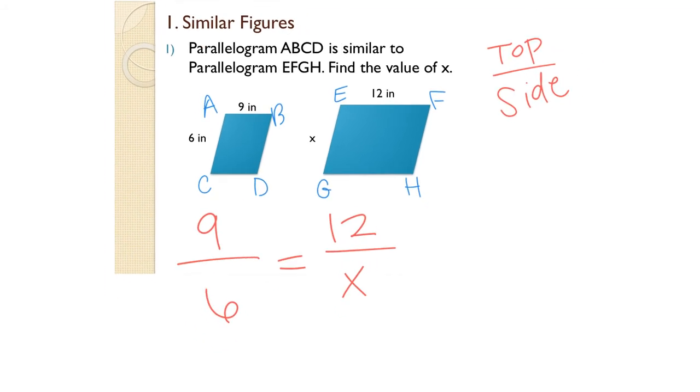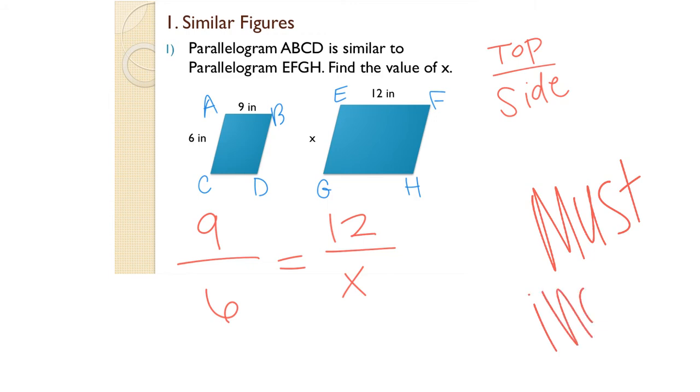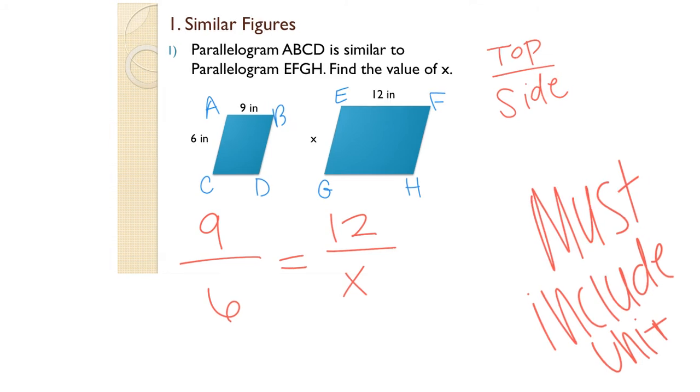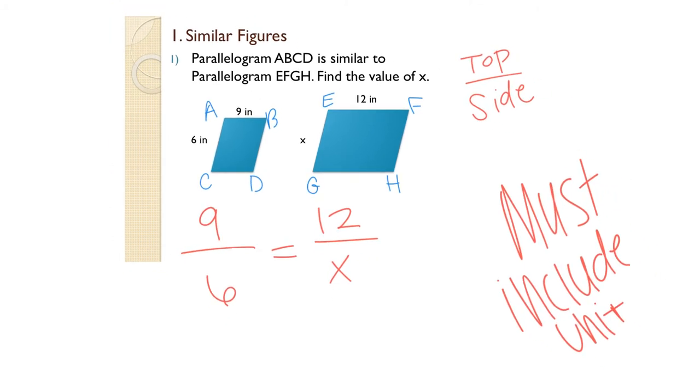So you're going to cross multiply and solve for x. In your answer, you must include a unit. Units are inches, feet, meters, miles. If your answer does not have a unit in it, it does not count. Okay, so pause the video while you solve for x before you move on.